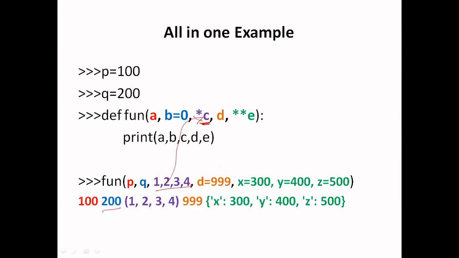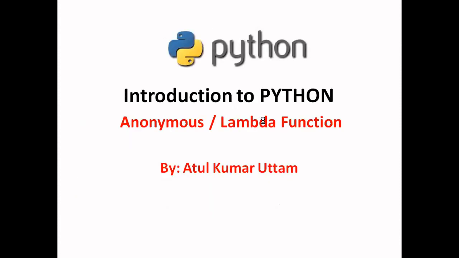That means it is a tuple of variable length, with 4 elements. Then 999 will be assigned to keyword d, and finally all these 3 keywords will be assigned to variable e, which is a dictionary. So this is the answer. So this is all about the function.